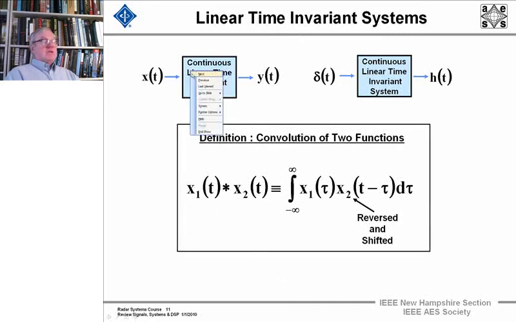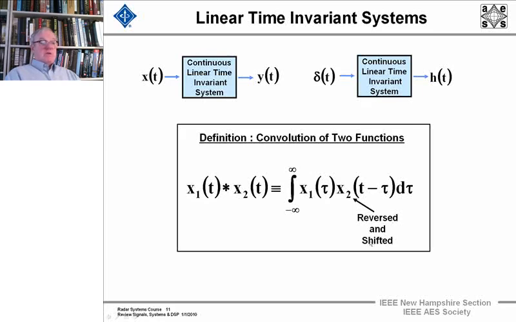Now let's again look at these two systems where we have x of t in and y of t out, and the delta function in and the h of t out. The definition of a convolution of two functions, I'm just going to define it by this definition and then use it, is if we convolve x1 of t and x2 of t, that's defined as the integral from 0 to infinity of x1 of tau times x2 of t minus tau.